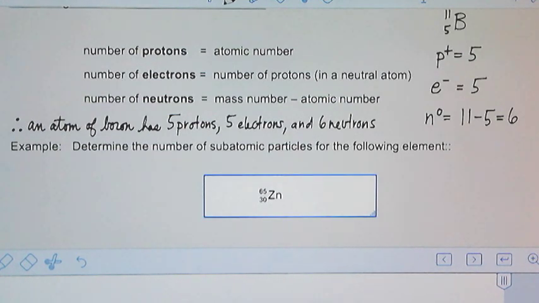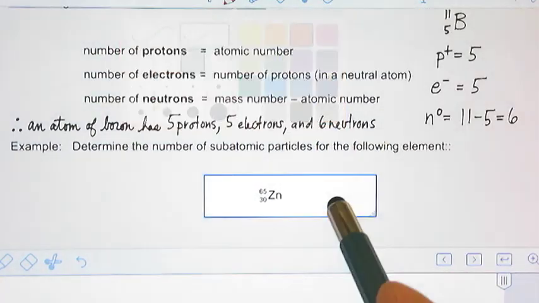We're going to take a random element. This is the element with atomic number 30. Atomic number 30 is outside of the first 20 elements that you're required to know. So you don't know what this element is or anything about it. But from the periodic table, you can see that the atomic number is 30.